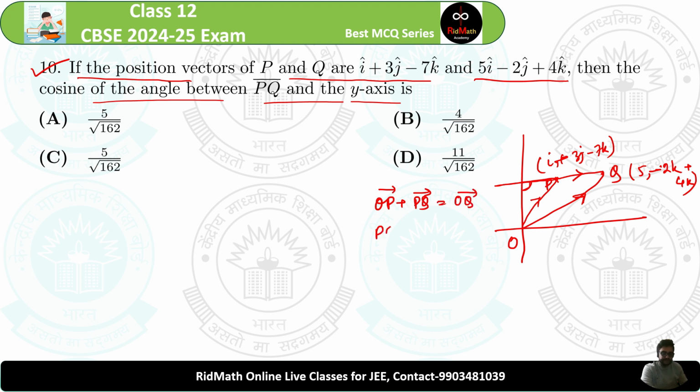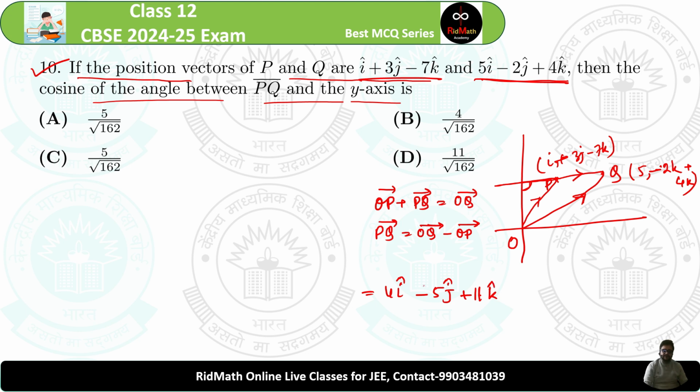That means PQ is equal to OQ minus OP. OQ minus OP gives 4i cap minus 5j cap plus 11k cap.